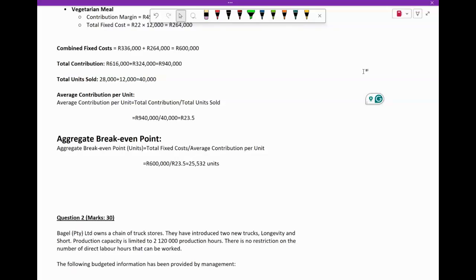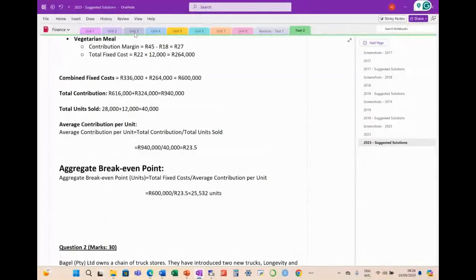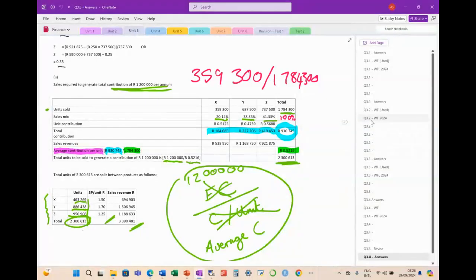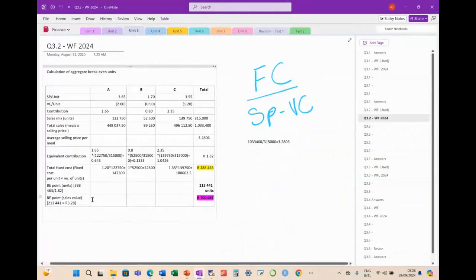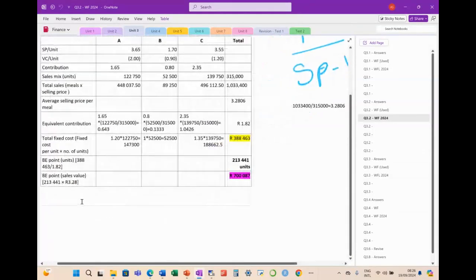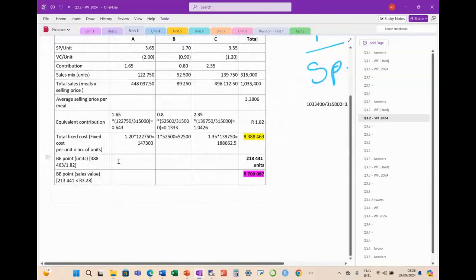So it's exactly the same question, actually. Let's actually do that, because I know exactly what you are referring to. If I go to question 3.2, here it is. If you look at the back of the textbook, they just asked for units and sales. They didn't ask us to split it here.